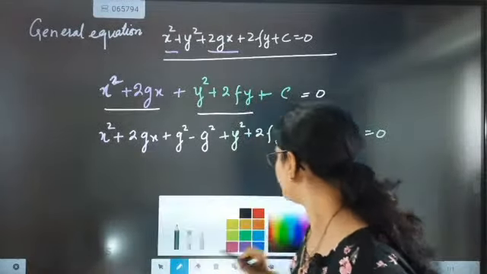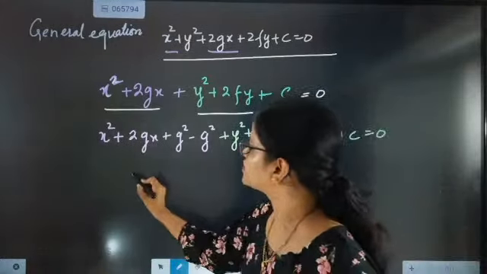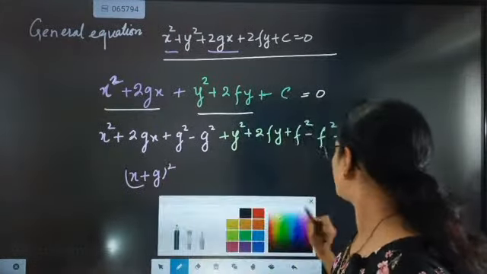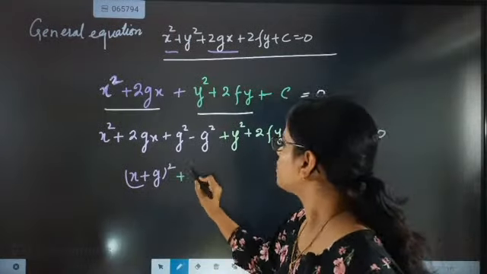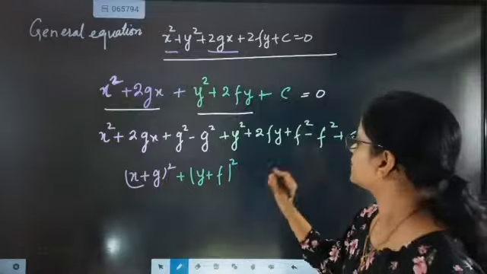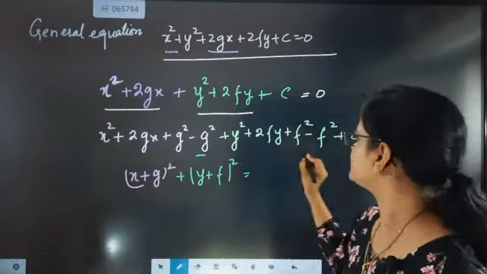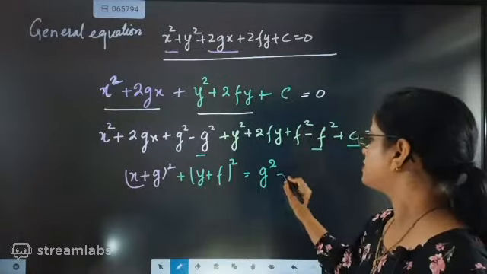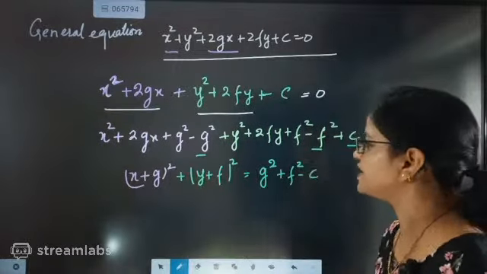Now whatever is common, we take it. So it is going to become x plus g whole square, and here y plus f whole square. Now what is left here? The leftover part is this negative section and this c, so g square plus f square minus c came here.